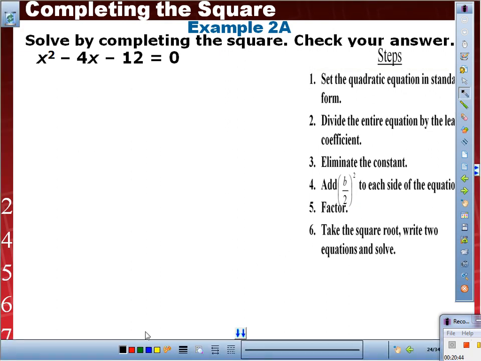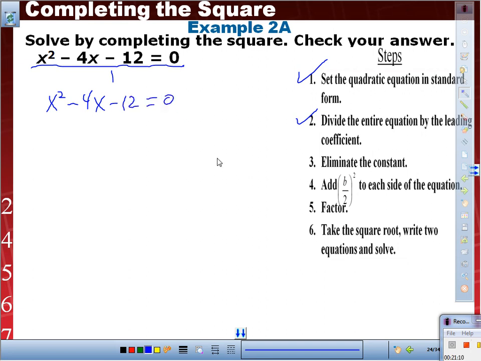Alright? Step 1. Set in standard form. Is it in standard form? Yes. Step 2. Divide the entire equation by the leading coefficient. Do that, please. So you should have divided by what? 1, and you're left with x squared minus 4x minus 12 equals 0.